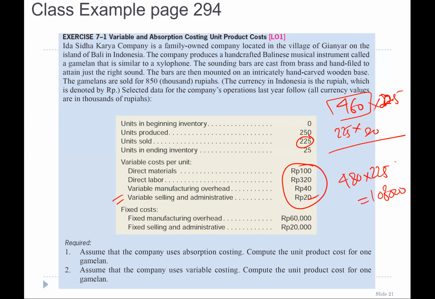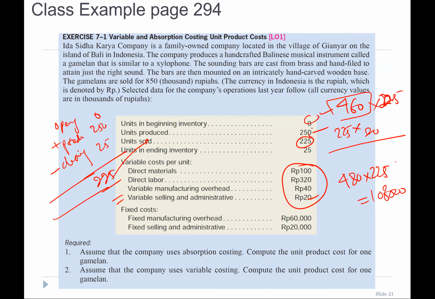We multiplied it by 250. Not 250. Remember, the CGS is opening plus production or purchases minus closing. Opening is 0, right? Produce 250, closing 25. The answer would be 225, which is equal to units sold.